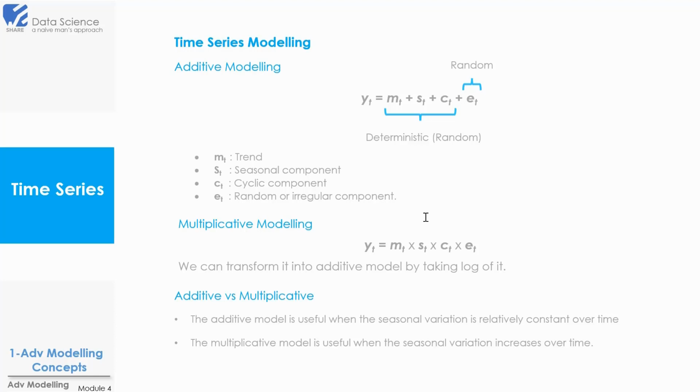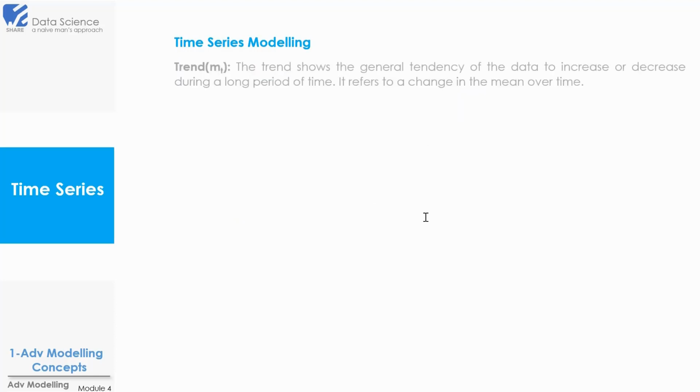Now let's discuss each of the components of the model which are shown here. So we already know what trend is. We use it in our daily life as well. But by definition, the trend shows the general tendency of the data to increase or decrease during a long period of time. So basically it refers to a change in the mean over time. After that we have seasonality.